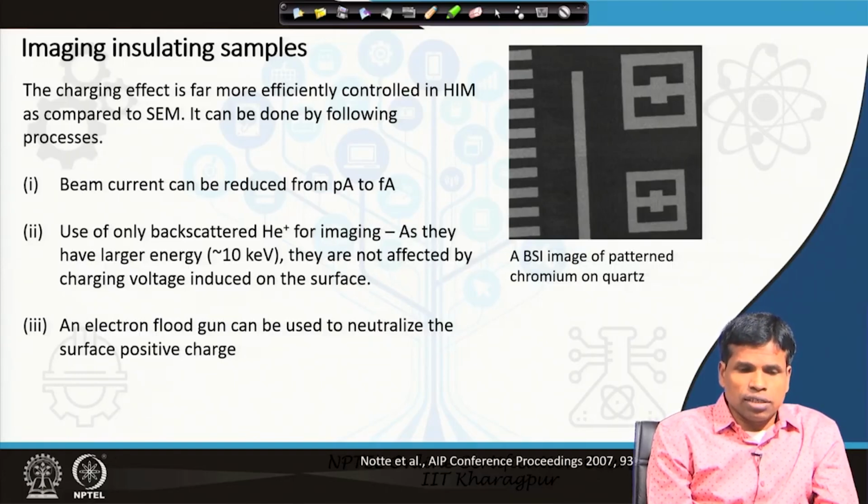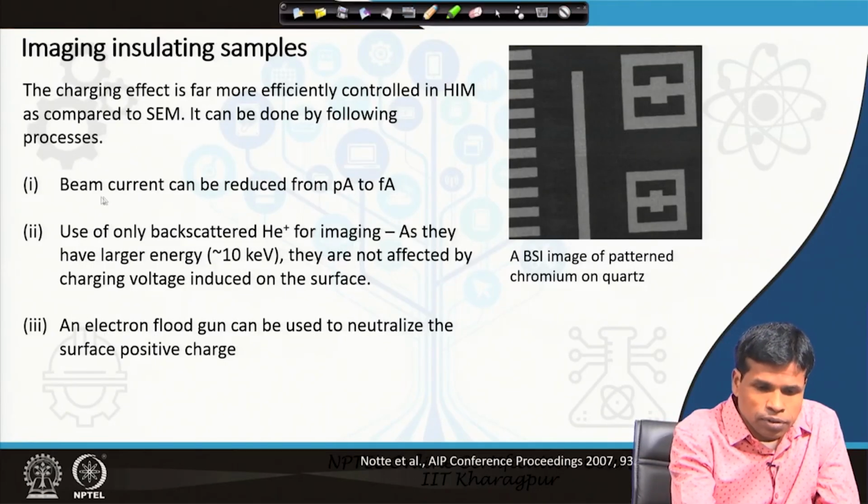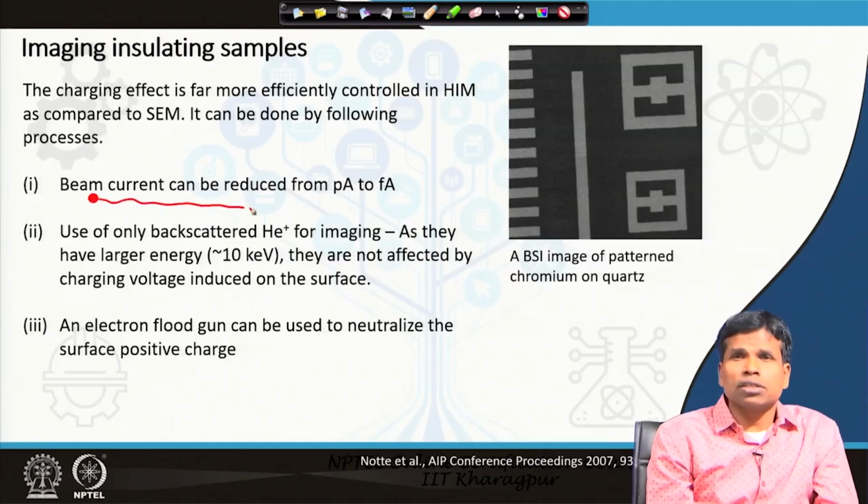But on the other hand, in case of helium ion microscope or ion microscope, this charging effect can be efficiently controlled. Here we can use a much smaller beam current. You may ask, then we can also use much smaller beam current in scanning electron microscope.